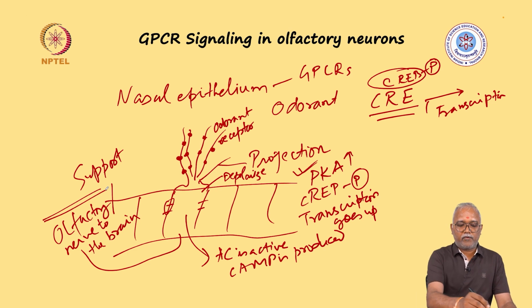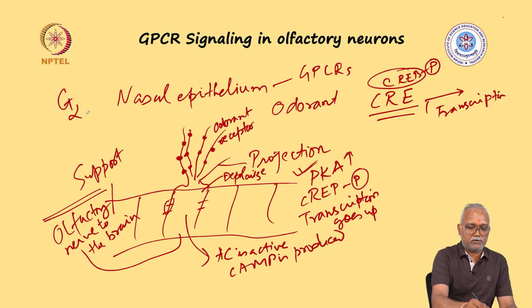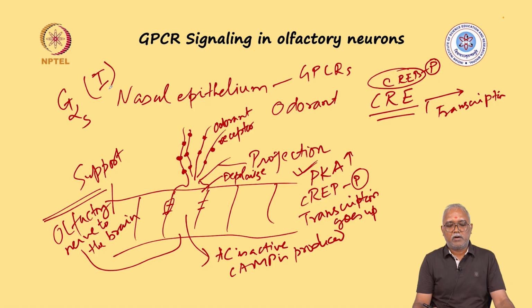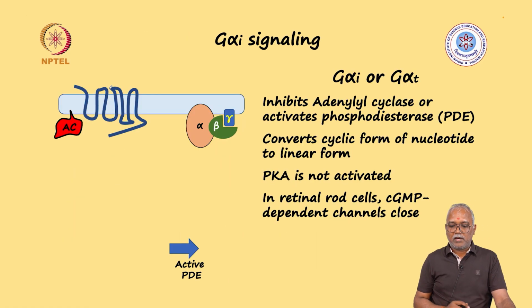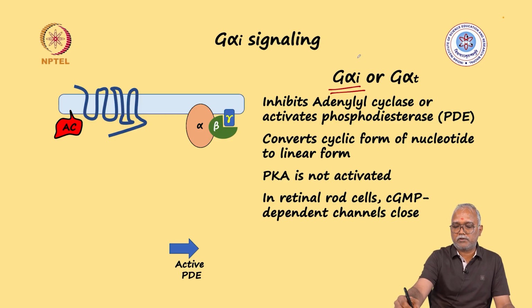So, this was one of the first G-alphas which we studied, G-alpha S, and we also said this is the class 1 or type 1 G-alpha. The other G-alpha, which is working opposite to what G-alpha S was doing, is what we call G-alpha I, because this inhibits cyclic nucleotide.